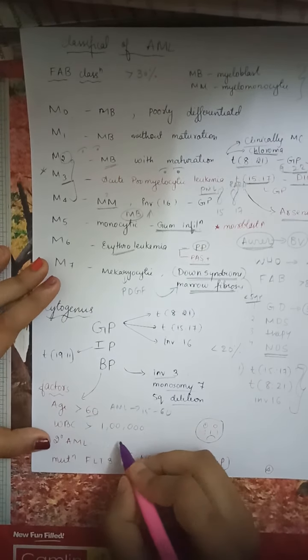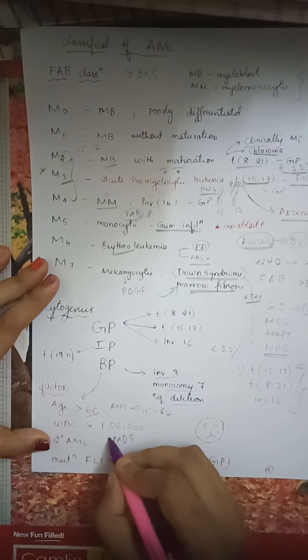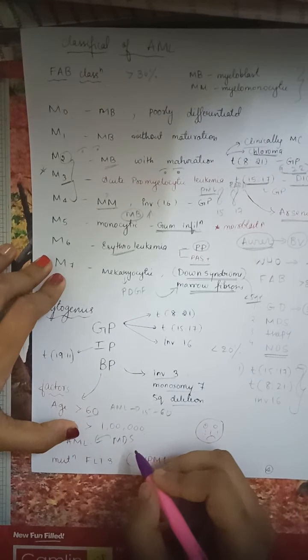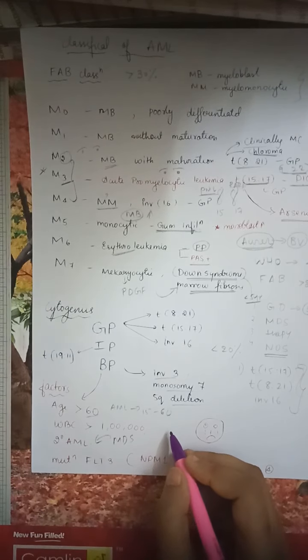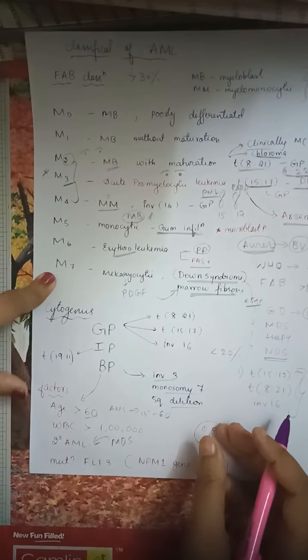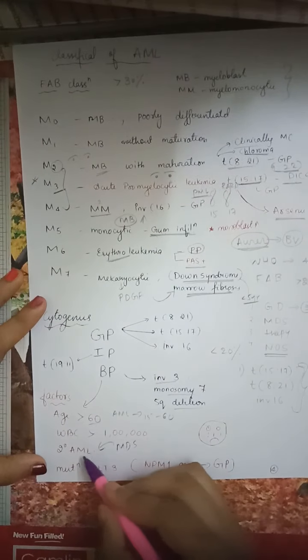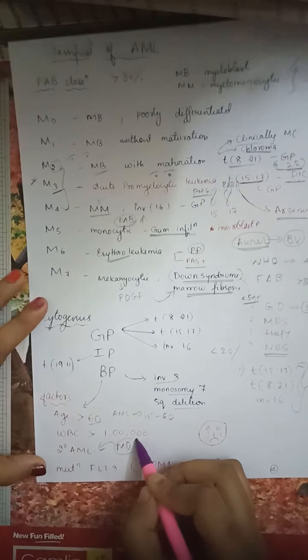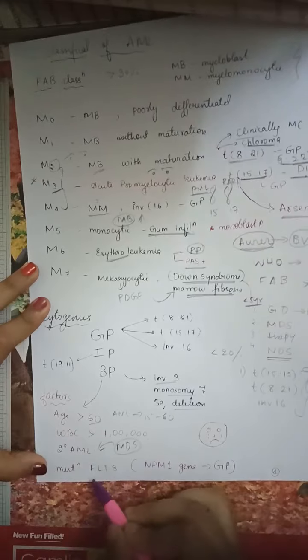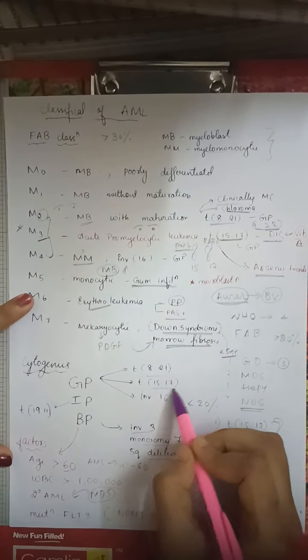Secondary means, I told you today only, MDS also causes AML, so that is bad prognosis. The others are all de novo AML, but this one is secondary because it is formed because of a defect and mutation, FLT3, which is not that important. Basically remember these 3 translocations.